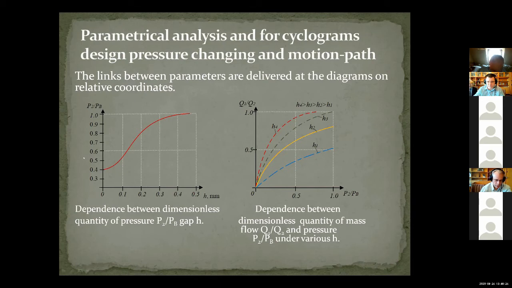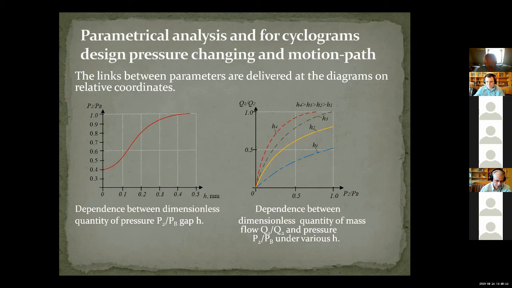Here gap values are such that H4 is more than H3, H3 is more than H2, H2 is more than H1, and Q1 is the mass flow in the output of the chamber.